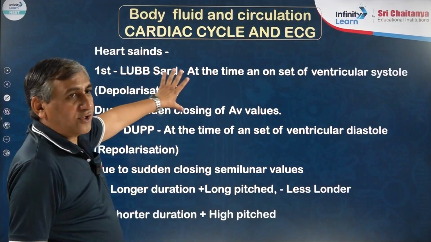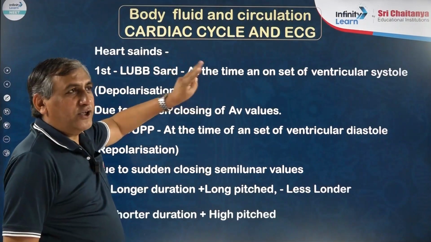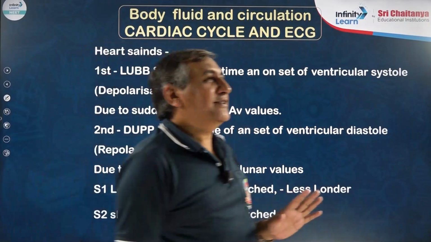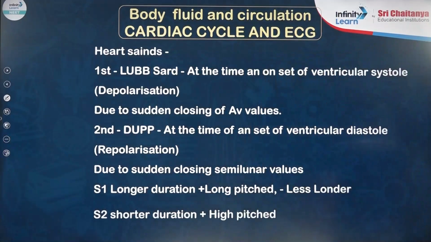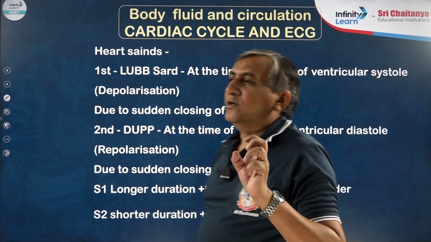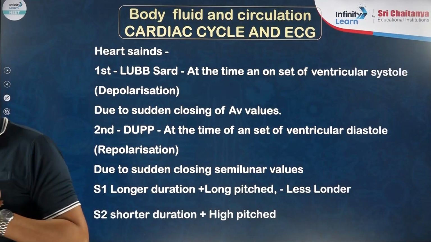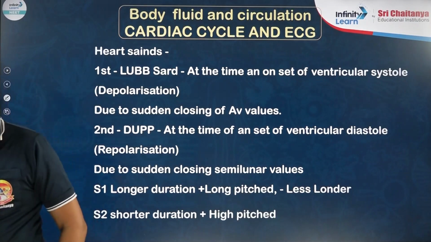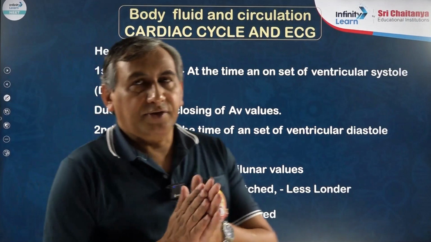So for the first heart sound, I will say two points: why and when. Because in the NEET exam they ask why the first heart sound is produced and when it is produced. So try to get my concept. Okay, I will leave the pen. I will focus more on explanation. Listen to the topic, it's very interesting.